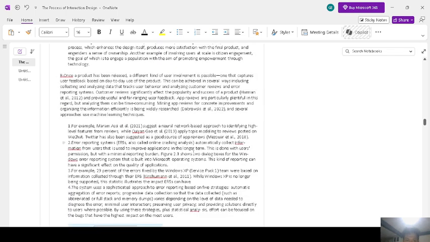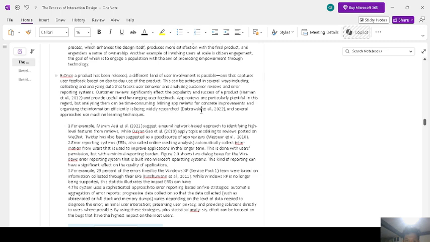Once a product has been released, a different kind of user involvement is possible, one that captures user feedback based on day-to-day use of the product. This can be achieved in several ways, including collecting and analyzing data that tracks user behavior and analyzing customer reviews and error reporting systems.